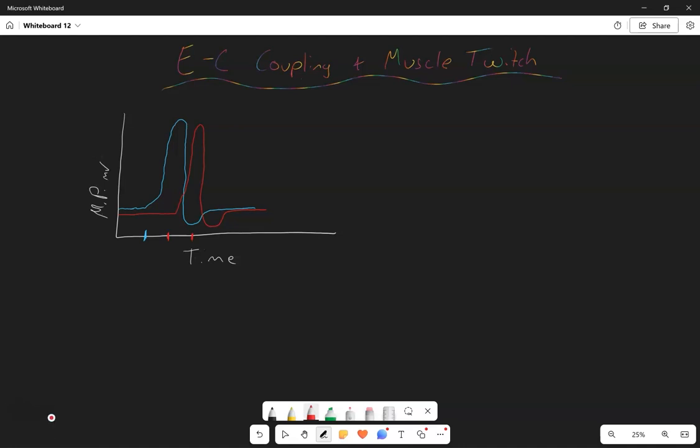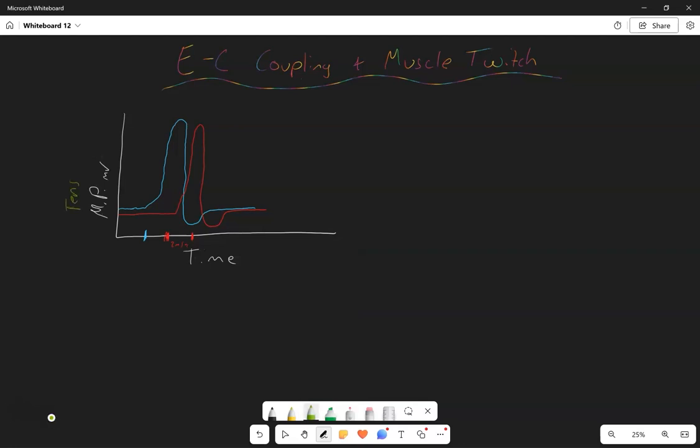So there's a little bit of time in between the activation of the action potential in the motor neuron and the activation of the action potential in the muscle cell. This is about 2 milliseconds.